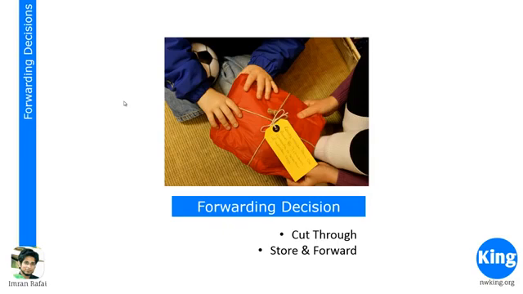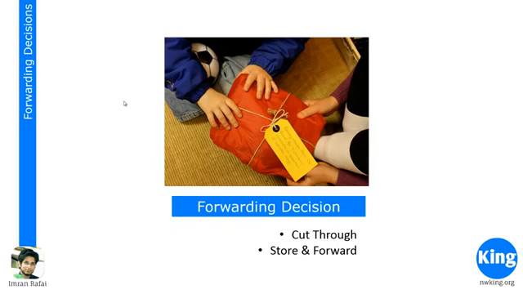In cut-through switching, when the switch receives a frame, it immediately looks at the destination MAC address. It just waits for the first few bytes of information, by which time it has all the information it needs, that is the destination MAC address, and it immediately starts sending that frame out on that interface. So it doesn't wait to receive the entire frame. As soon as it receives the destination MAC address, it starts forwarding whatever information it gets to that destination port, right? That is how cut-through works.